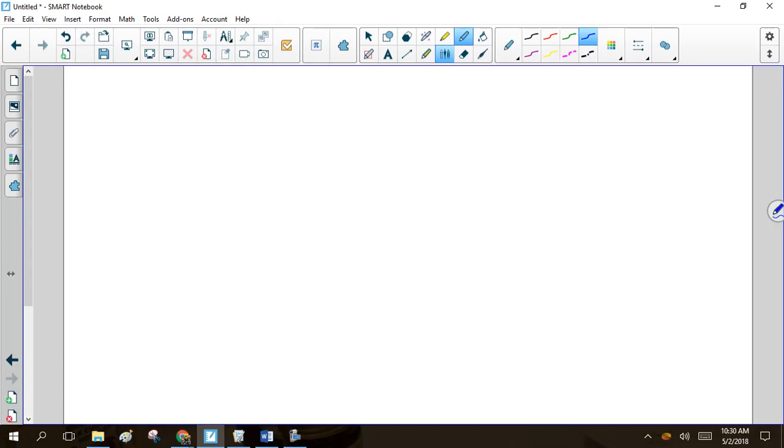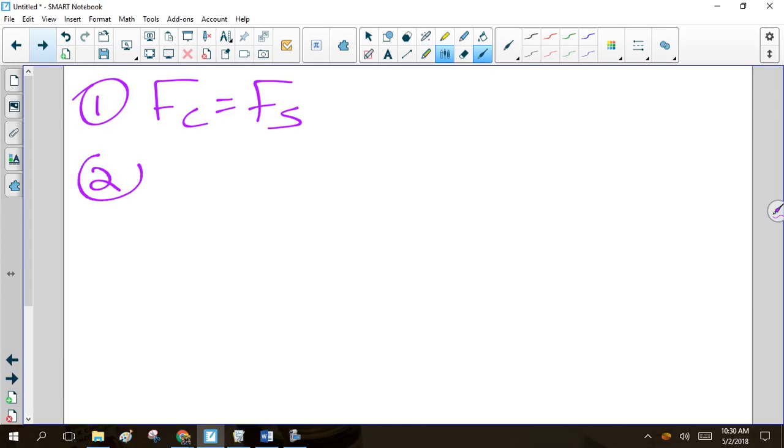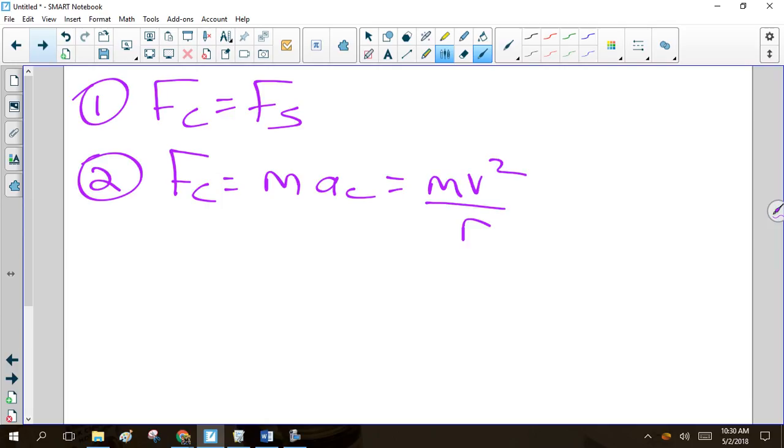Okay, so thing one, we need to ensure that the centripetal force is equal to the force of the spring. Thing two, equations for centripetal force. Centripetal force is mass times centripetal acceleration, right? And we usually have done this. But that's kind of a pain in this problem because for most of the problem we're dealing with the angular velocity of the disk, not the linear.